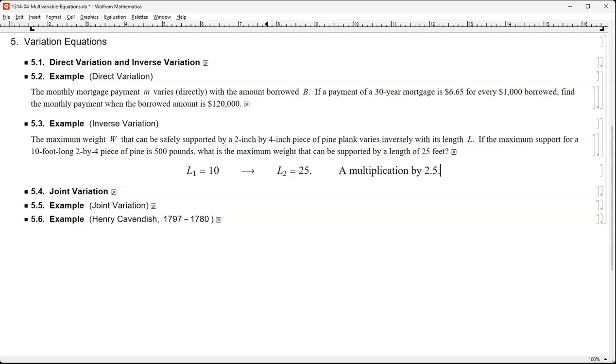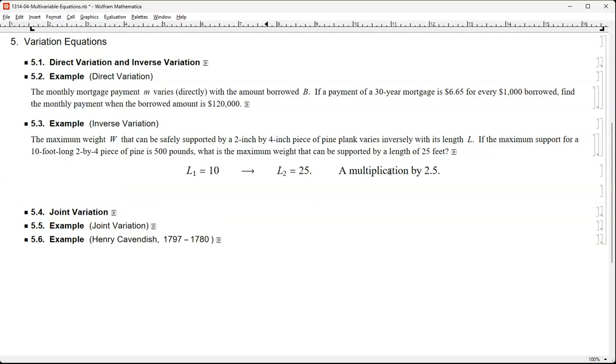Now this is inverse variation, so the multiplication becomes division, or we are multiplying inversely, multiplying by the reciprocal. So the maximum weight that was 500.